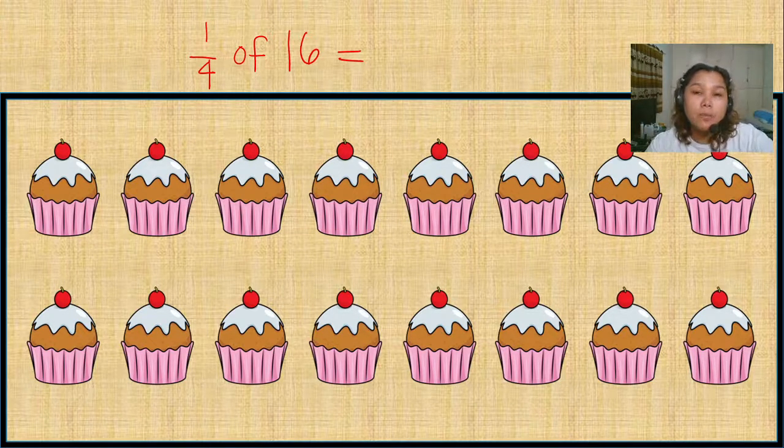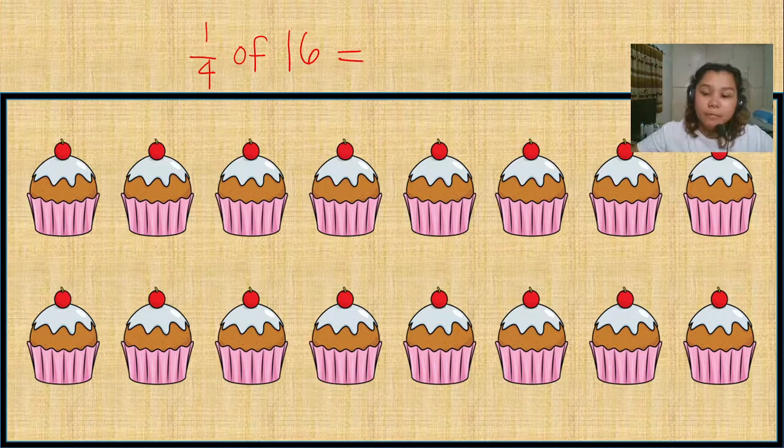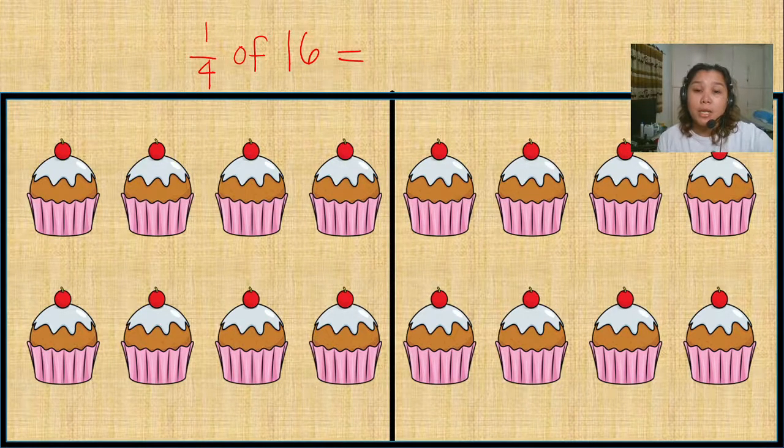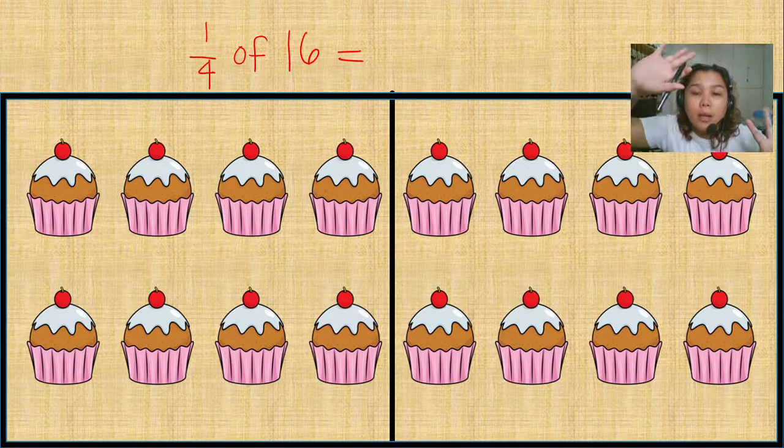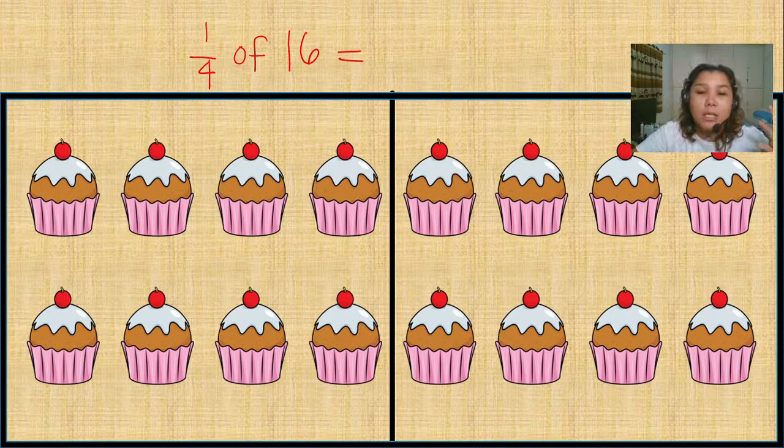Okay, so first muna, divide this into 2. So, anong na-imagine yung lines? Is it standing line or sleeping line? Pwedeng standing line. So, hati na siya into 2 groups. But we are not done yet because we are to make 1/4. So, hatiin na naman sa side na to, and then hatiin na naman sa isang side. So, what do we do?